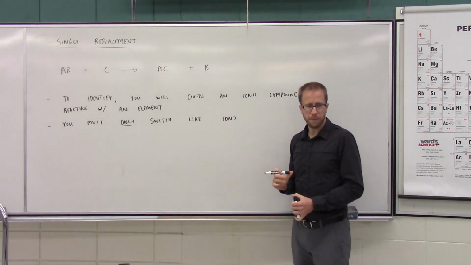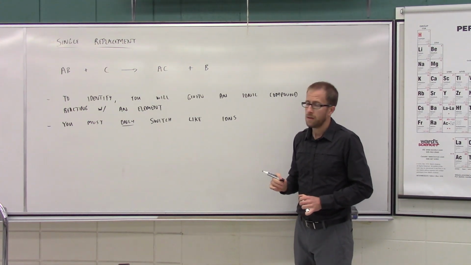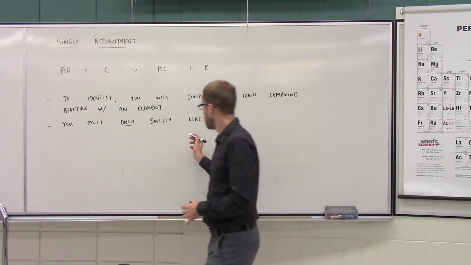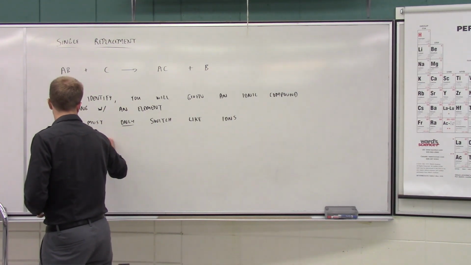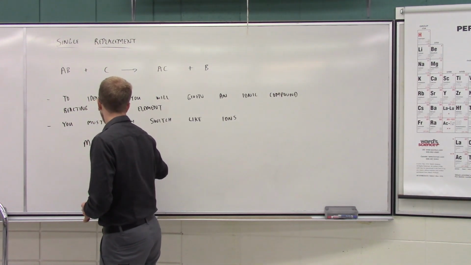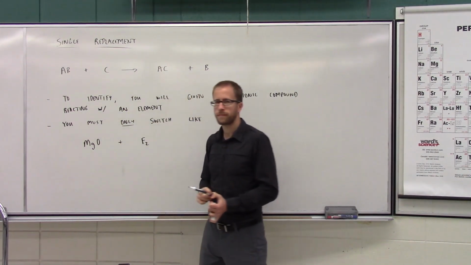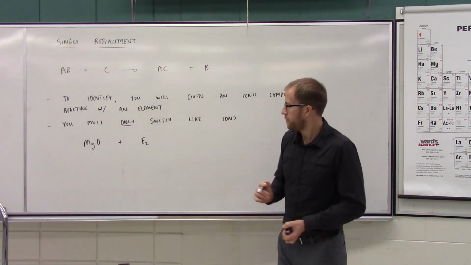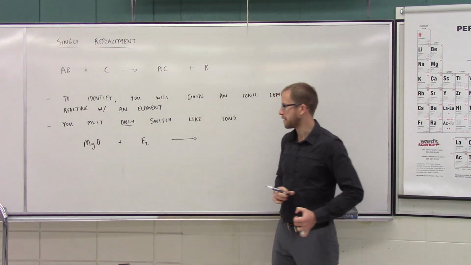Now this may look a little confusing, but once you see it in an example, it'll make perfect sense. So let's say I gave you magnesium oxide reacting with, let's say, fluorine gas. Magnesium oxide reacting with fluorine gas.